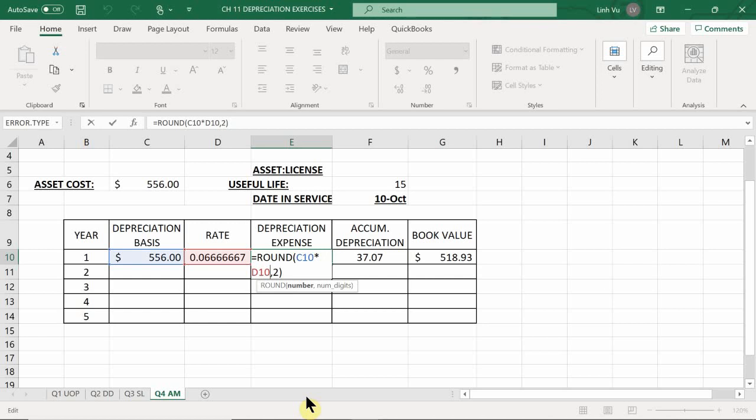So in this case, if it's October 10, I need to depreciate it starting October, November, and December. So I need to make an adjustment here because I am not depreciating it for the full year. I'm going to depreciate it for only 3 out of 12 months.